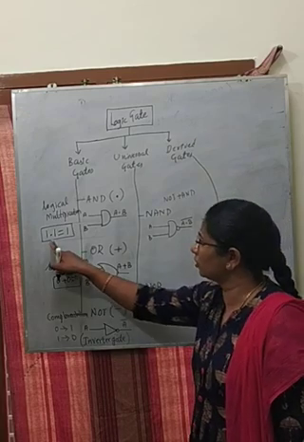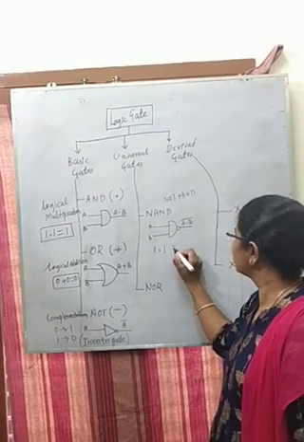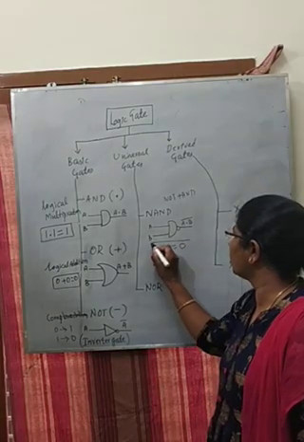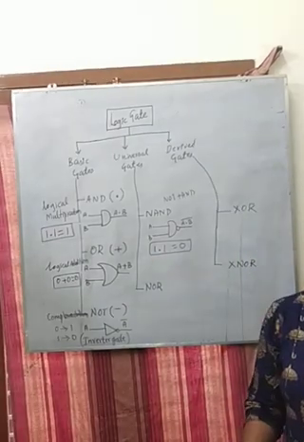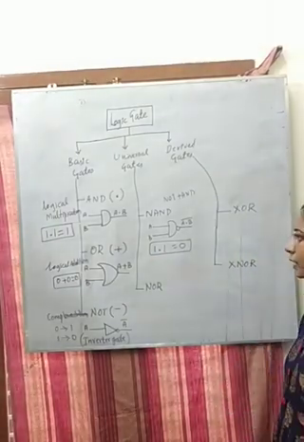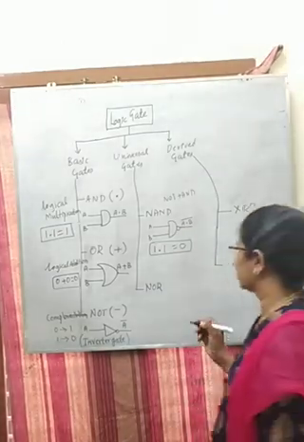See, it is the opposite of this. If inputs are 1, then you will get the result as 0. Output is 0 when all the possible inputs are 1. That is about your NAND gate.